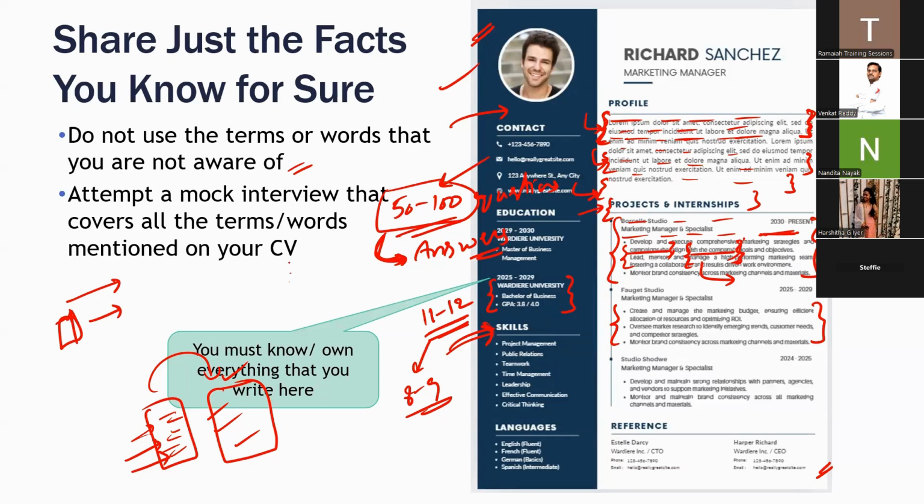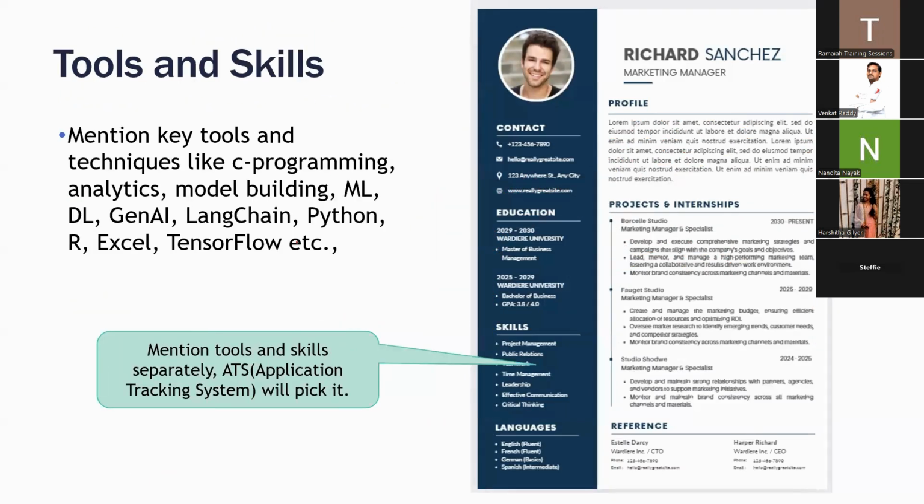Next thing that you should mention always is the skills and tools. There must always be a separate section for this, skills and tools. Make sure that if you want your resume to be selected by ATS, application tracking system, there must be these two sections or one section where you are clearly telling bullet points.